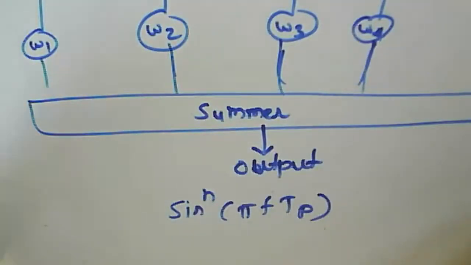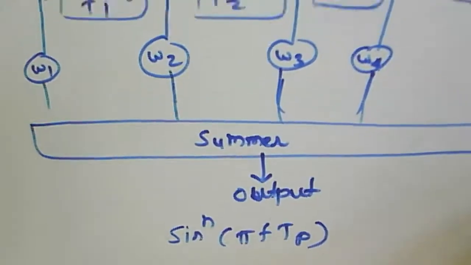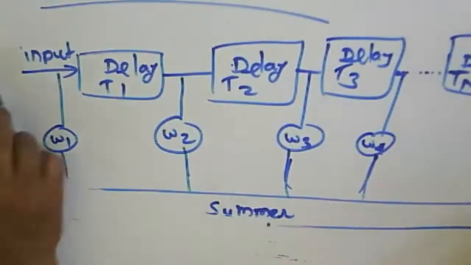So that is about the different configurations we can use here, and that different configuration is used to remove the clutter. Another example we have is the delay line filter with both feed forward and feedback. Generally we use recursive filters.